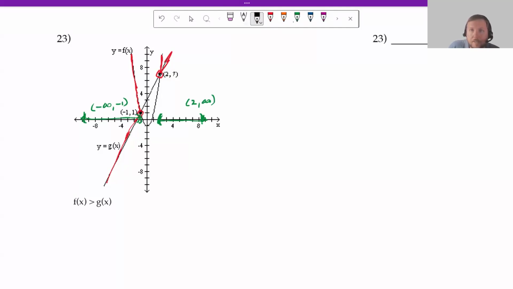So then my final answer is going to be negative infinity up to negative 1 union with 2 to infinity.